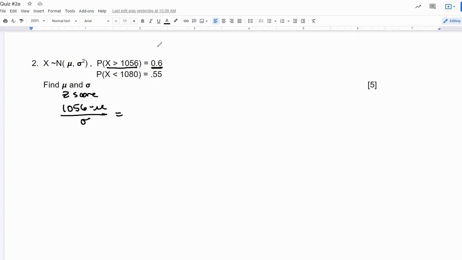Exactly. And see, what's important to remember is that this is the probability. I need to change it into a z-score. So tell me about this picture. If I made it, and it kind of looks like this, all right?